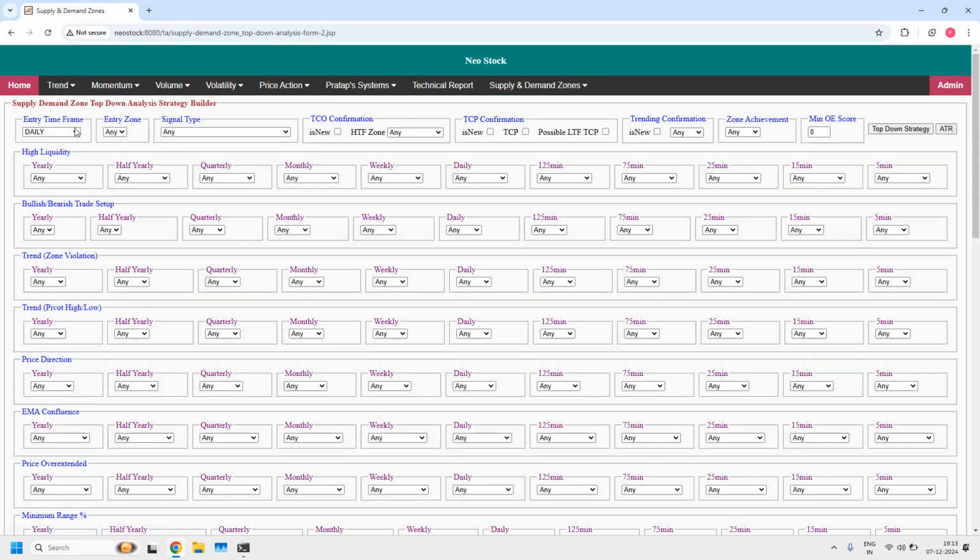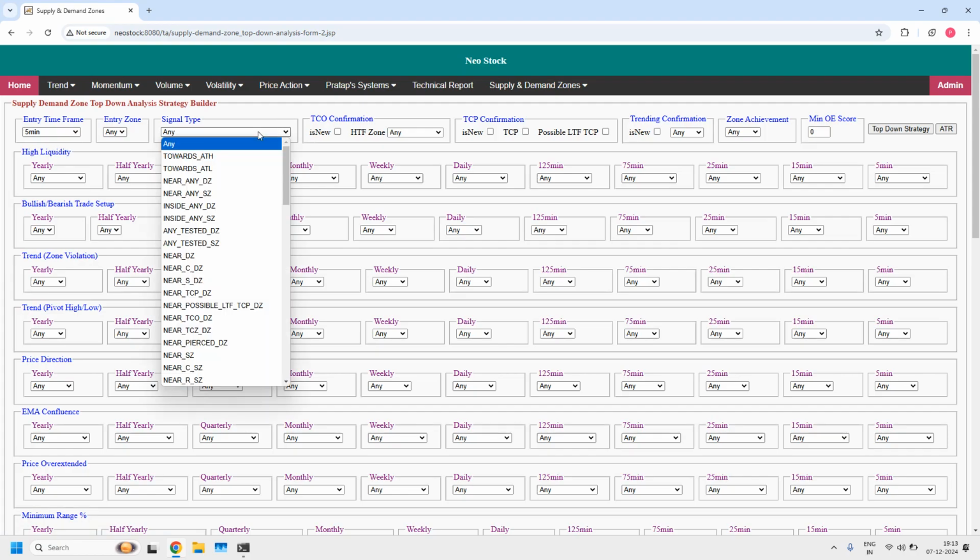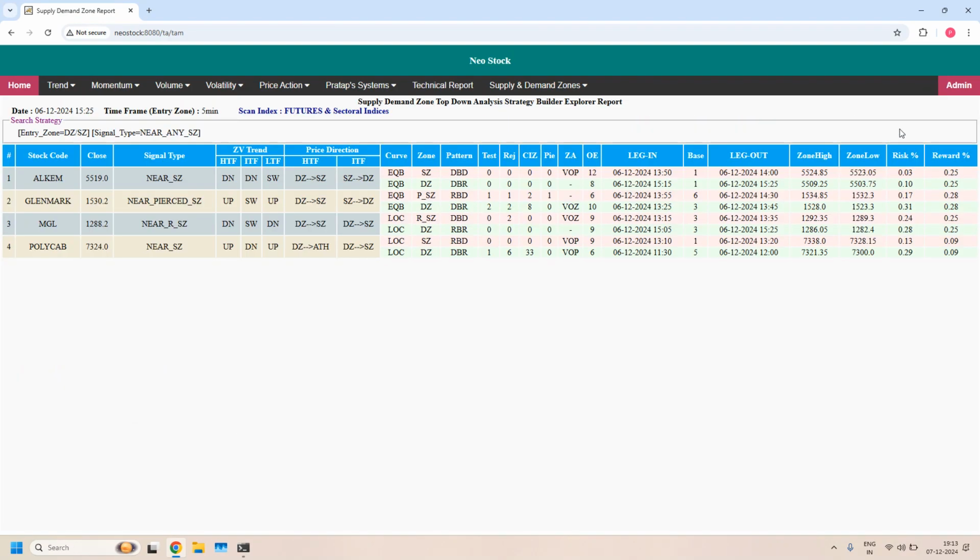Okay, next for 5 minutes time frame. Near 5 minute supply zone. We got 4 stocks. 4 supply zones. Out of these 4, how many are having ITF supply zone confluence?